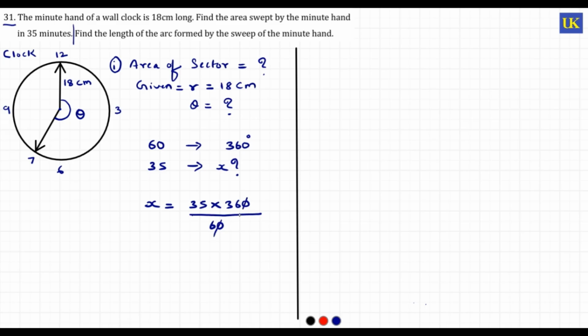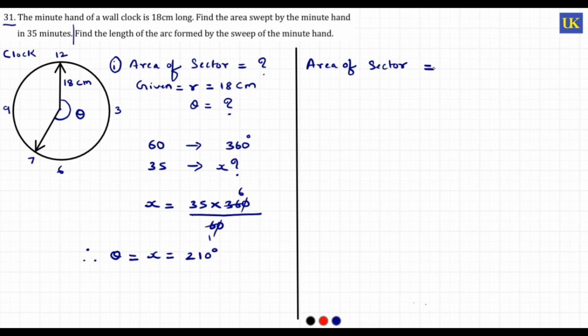So 0 and 0 will get cancelled. 6 ones are 6, 6 6s are 36, and 35 into 6 is 210. So basically this is our theta. Theta is 210 degree. So now what we will do? We will find the area of sector. So area of sector.